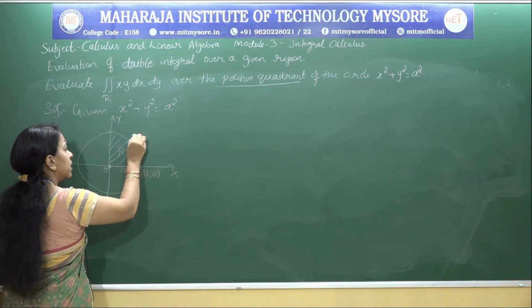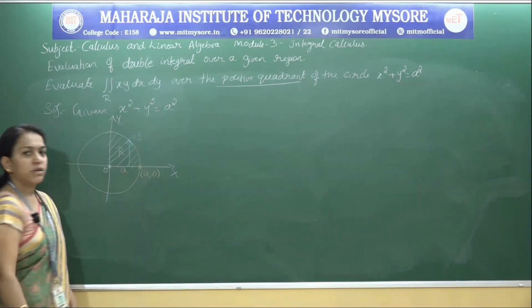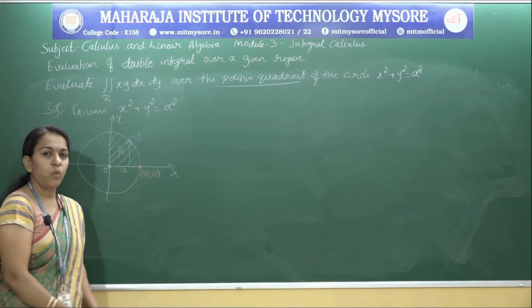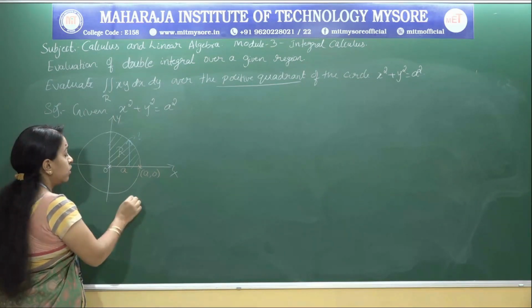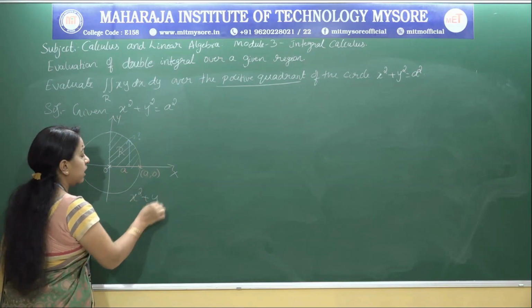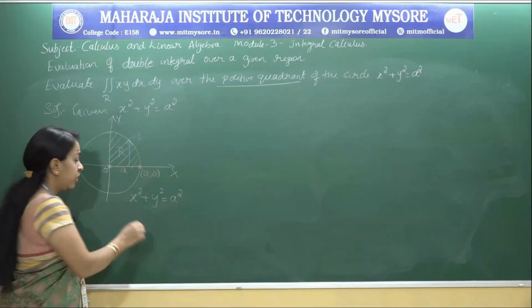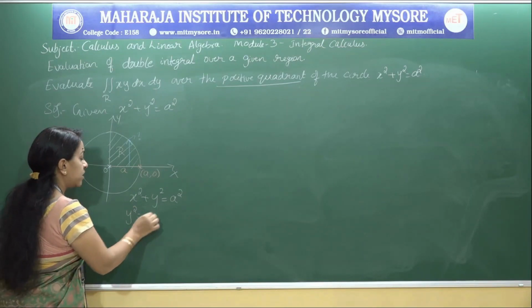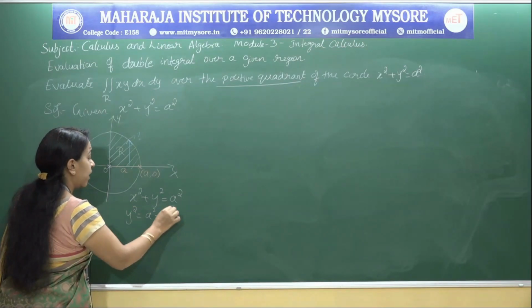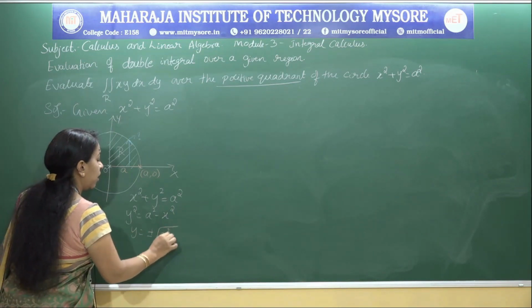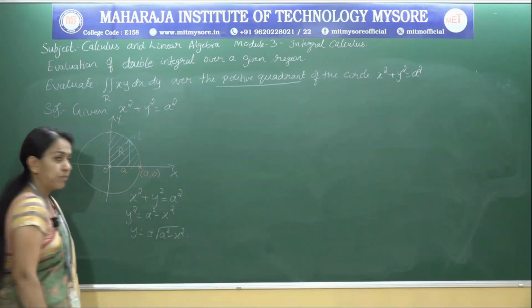So we should know what this curve is. It is nothing but a circle, but we should represent that in terms of y. What is the limit of y? Consider the given circle x square plus y square equal to a square. So y square is a square minus x square, or y is plus or minus root of a square minus x square.